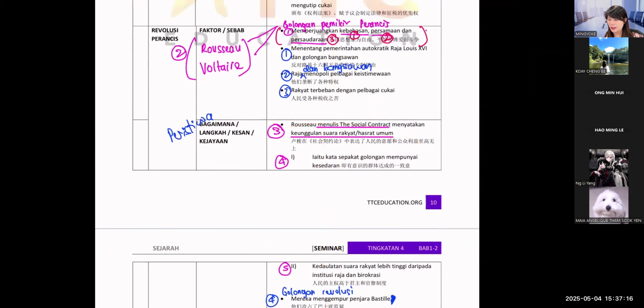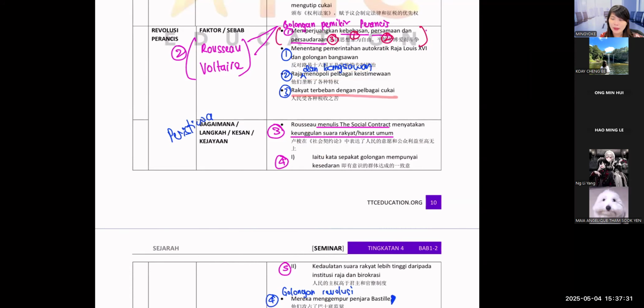But of course, mainly you can go through the story: first of all, they go against the autocratic King Louis XVI and the nobility, because the king and nobles monopolize all the privileges.